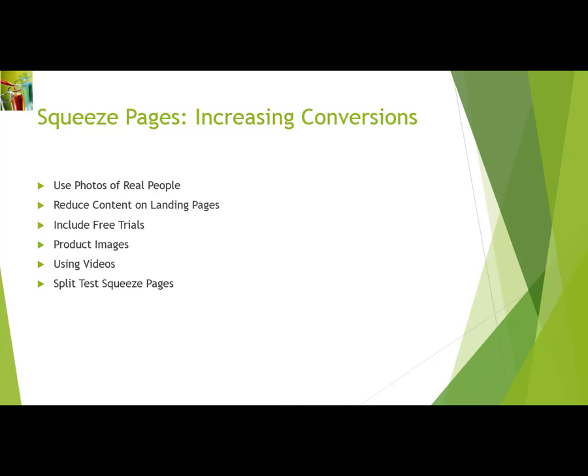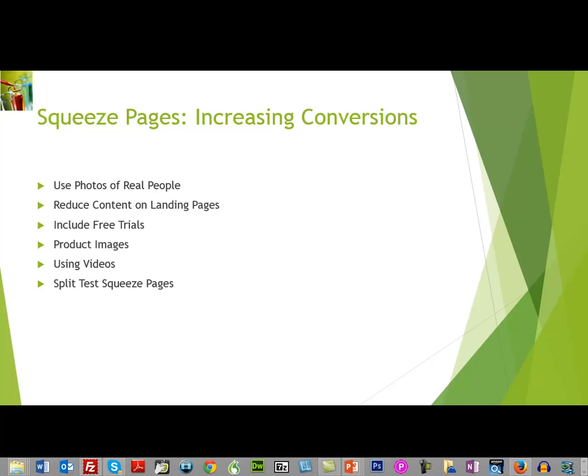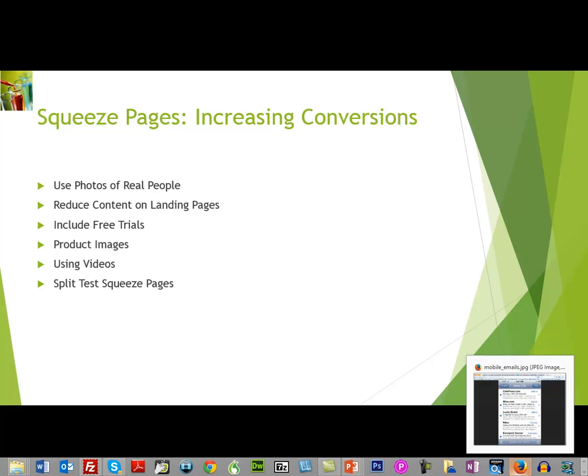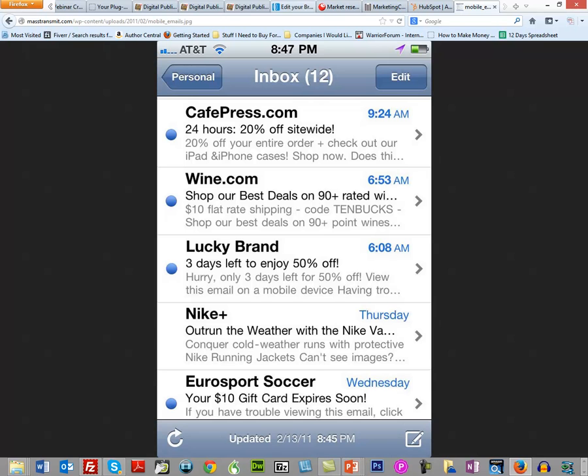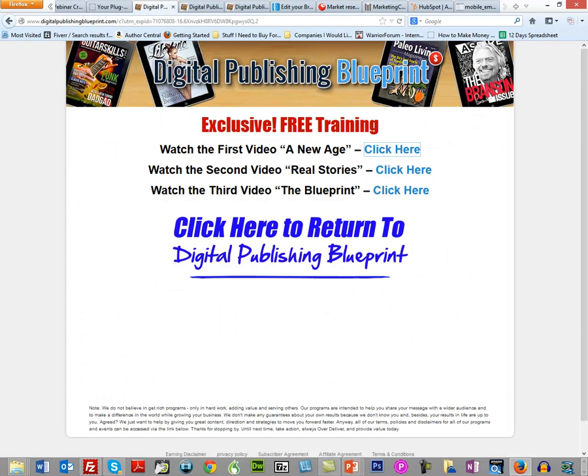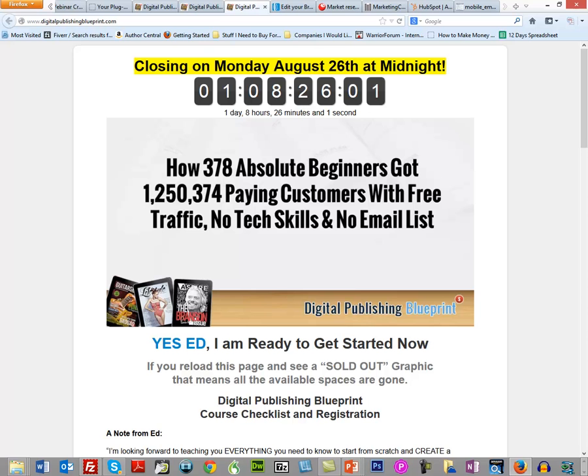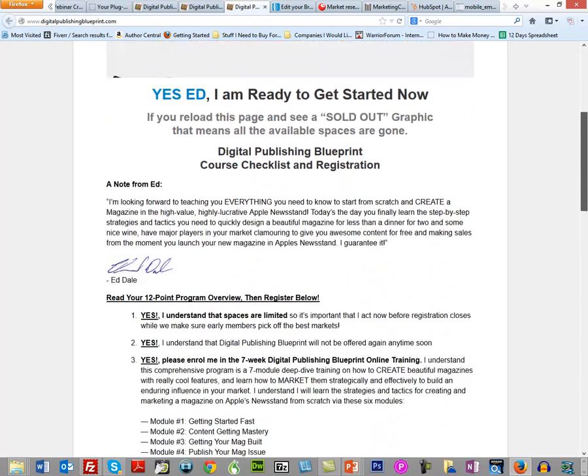So now let's go to this series of pages that we have been talking about with respect to Ed Dale and his launch with the digital publishing product that he has put out and will be taken off the market soon. Now what we're going to do is start with the video that he's got here, and obviously this might be the first page that a visitor is going to land on.